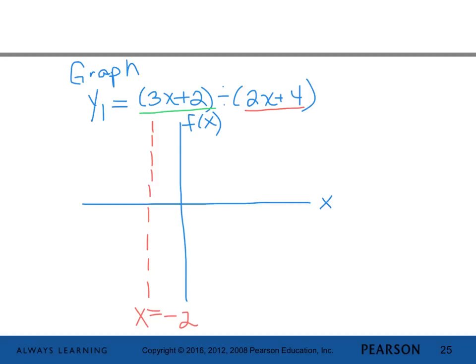The horizontal asymptote is going to be where y is equal to 3 over 2, because the degree of the numerator and denominator are equal, so we use the coefficients of the x term.